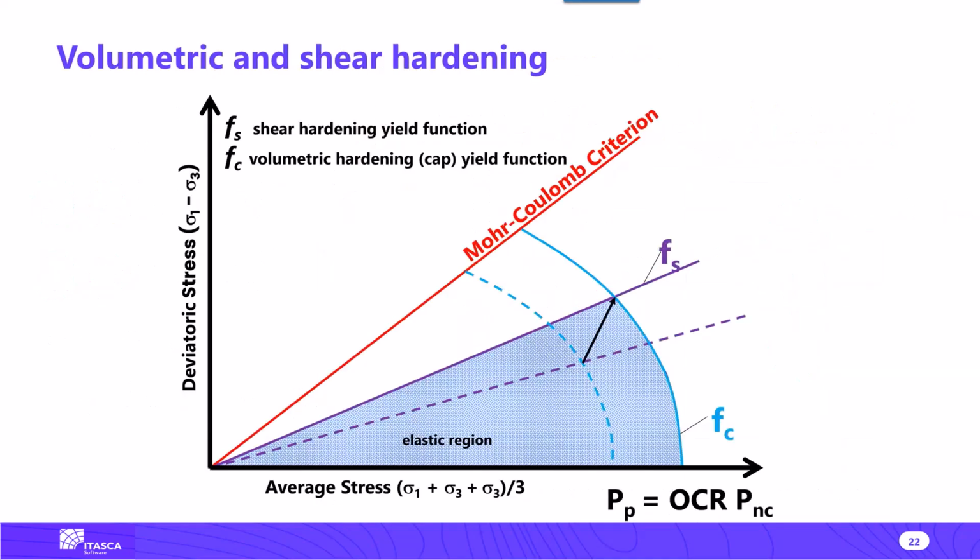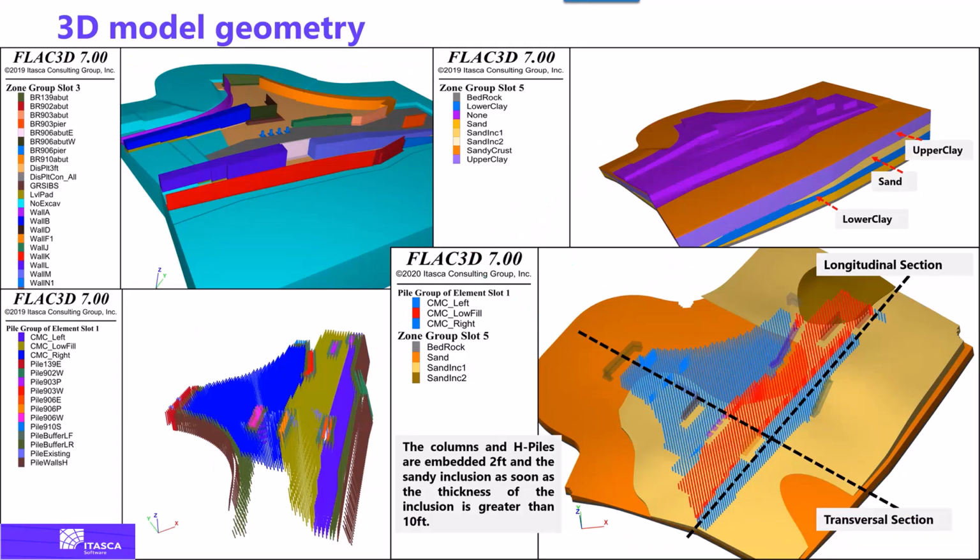One of the important features of the plastic hardening, but also the soft soil creep and others, is that they allow for volumetric hardening. Mohr-Coulomb does not have a volumetric cap, so all the deformations that are happening on the volumetric side are not correctly captured.